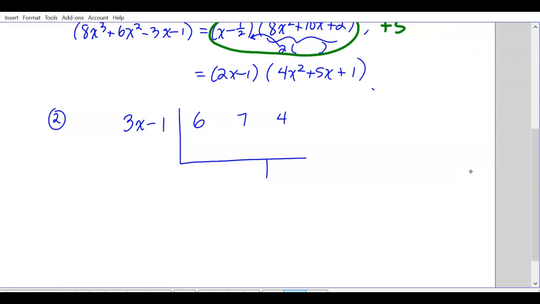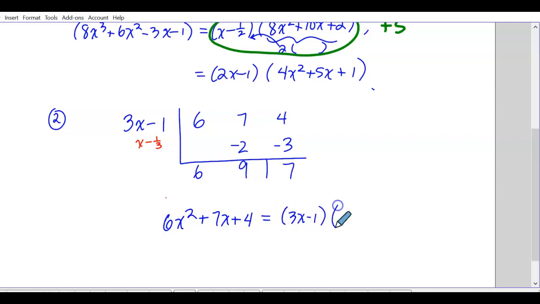Okay, so do that one. Okay, so then I'm going to divide by 3, because that's what I divided by there.